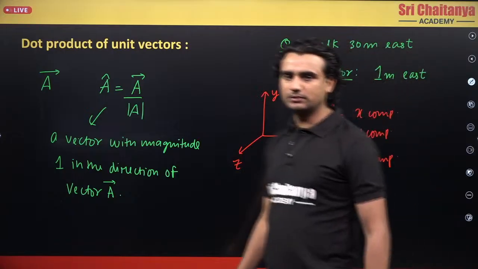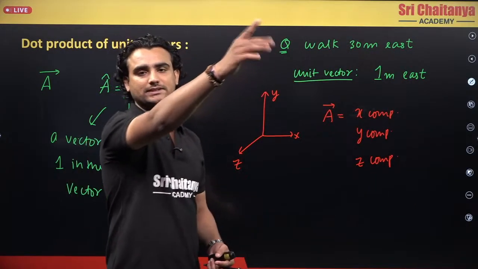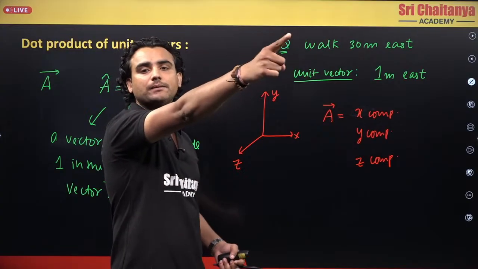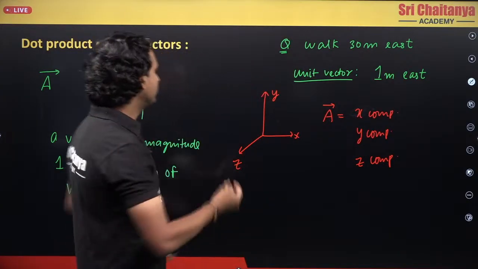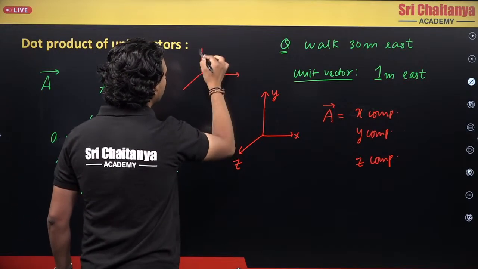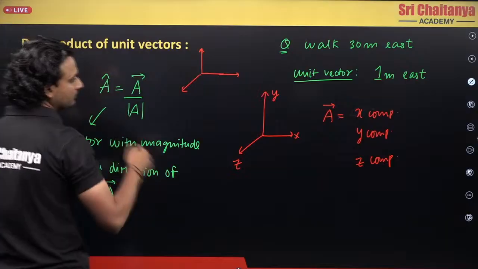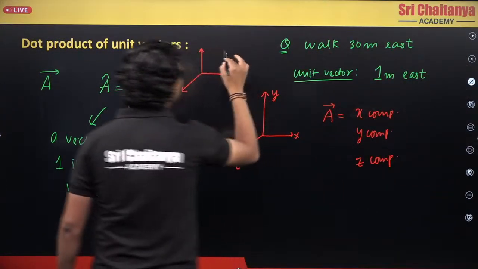Yes or no? Let's suppose I am standing in this room and I point in some random direction. How do I reach this point? Let's say this is my axis, and I want to reach some point in my room.